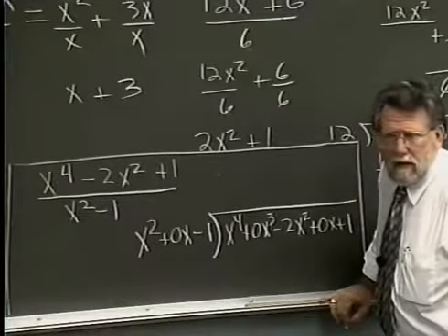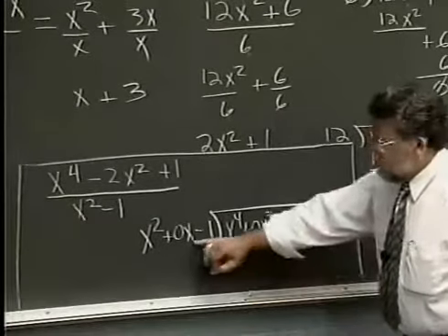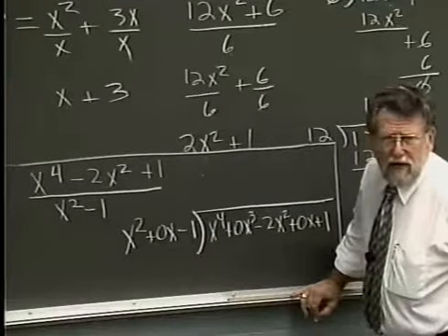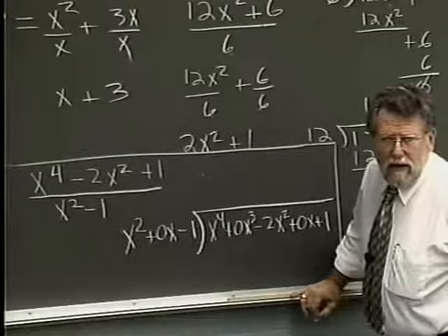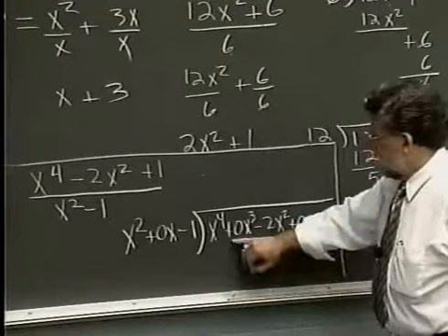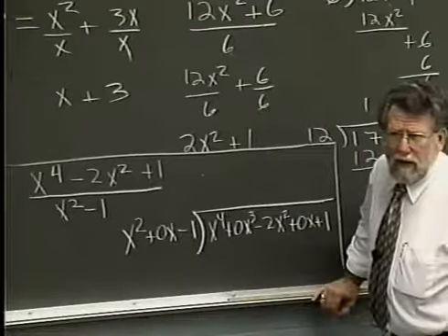Do you see what I've done? I've left space holders for the missing exponents in the divisor and what we call the dividend, the thing underneath this division symbol. Are we okay there?